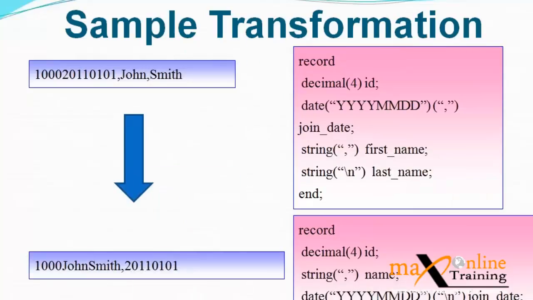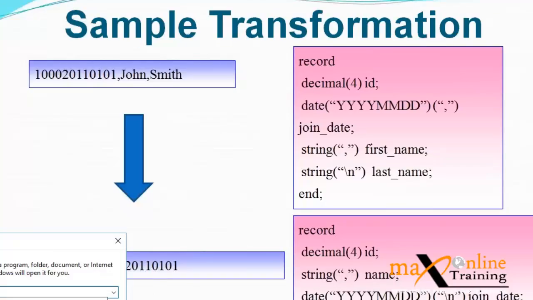So to do this, what you will be writing inside a transform will look like this. You have to use a reformat component to manipulate the data, to reformat the data.